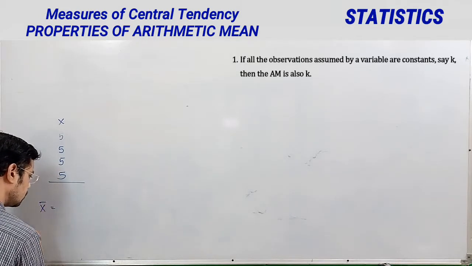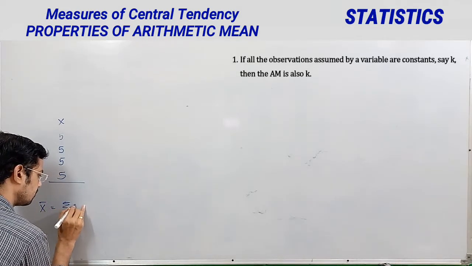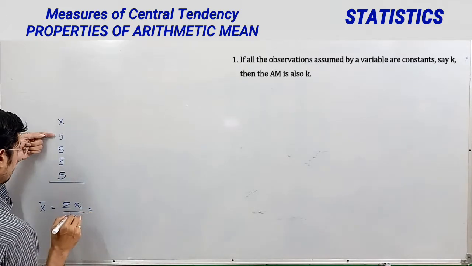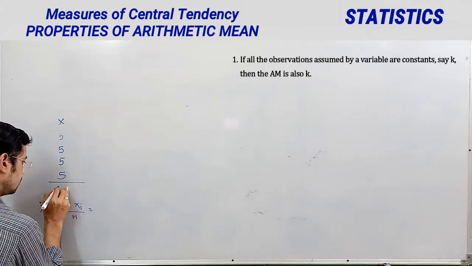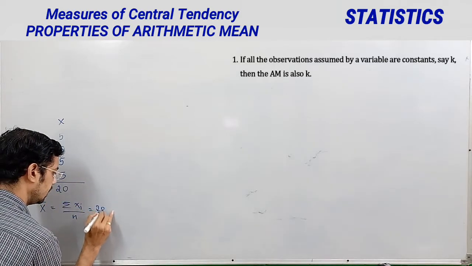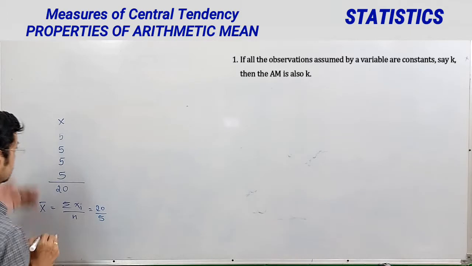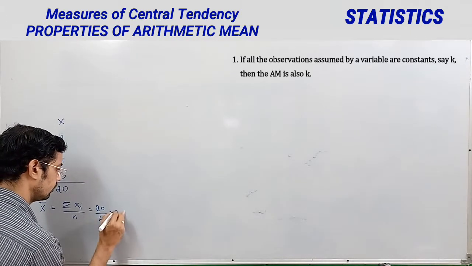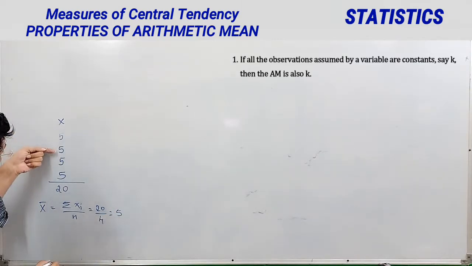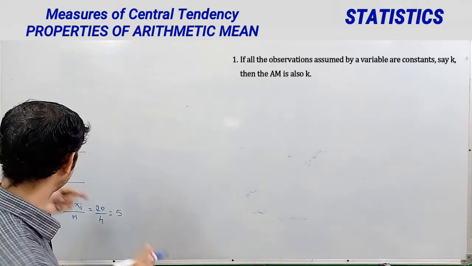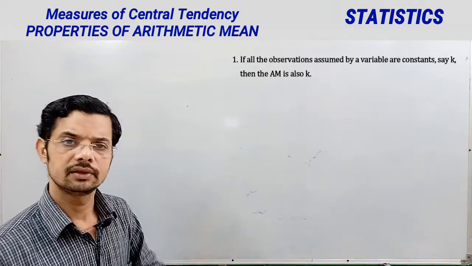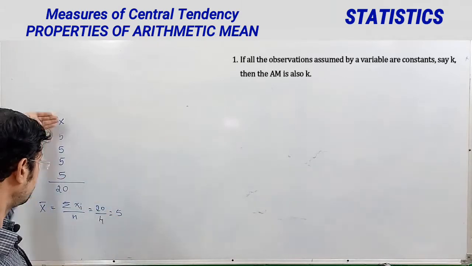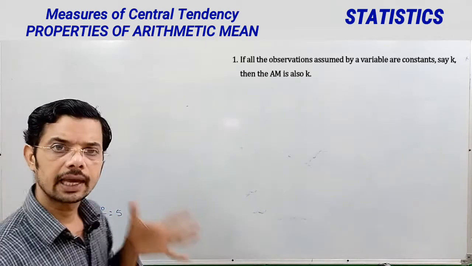X bar equals sigma xi by n, and here 5 plus 5 plus 5 plus 5 is 20, so we have 20 divided by 4, which is equal to 5. So you can observe that if each and every observation of the set is the same constant k, then the mean x bar of the set is also k.